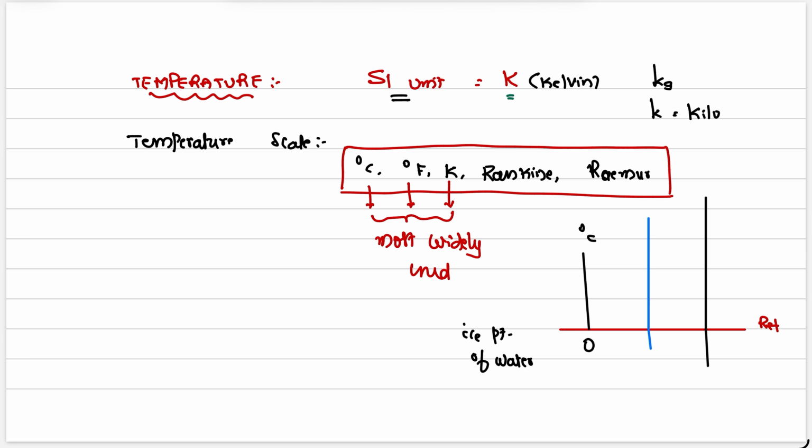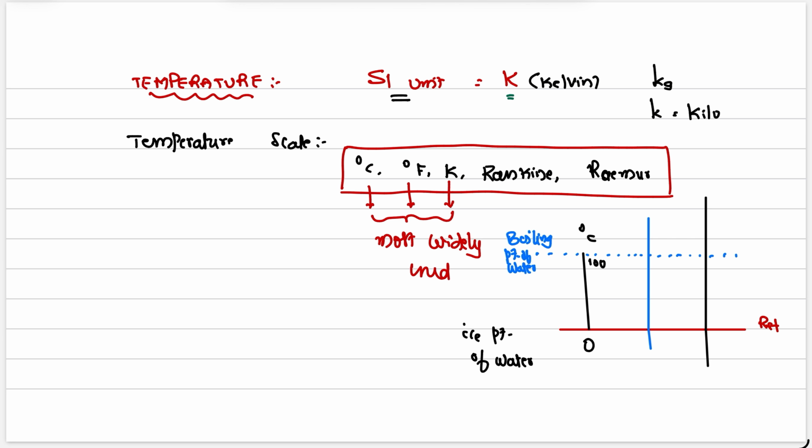What is the ice point? 0. Next is the boiling point of water. This I am just doing as the reference, that's all. Don't worry. Boiling point of water, what is its value? It will be 100. Correct?